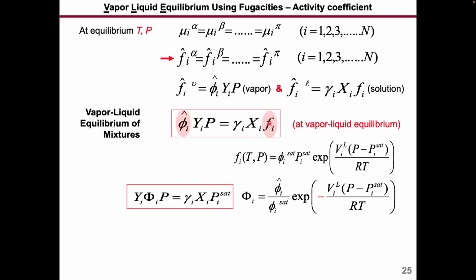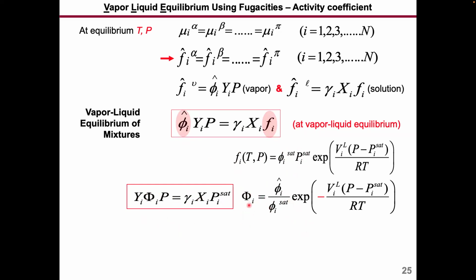And then, like I said, you can move this to combine with this phi_i hat. So basically, you combine with a capital Phi_i, and then move this to the other side. So y_i P capital Phi_i is equal to gamma i x_i P_i saturation. So you remain with P_i saturation here, but move everything else to the other side.